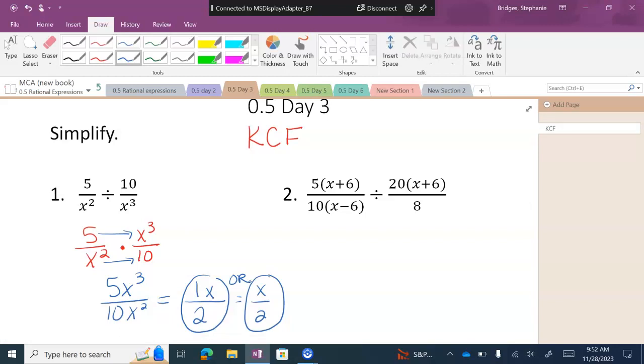Okay, so what I want you to do is I want you to take number 2. I want you to go ahead and first rewrite your question. Keep the first fraction, change the division to multiplication, flip that second fraction. Once you do that, I would like for you to go through and try to factor any and everything that can factor.